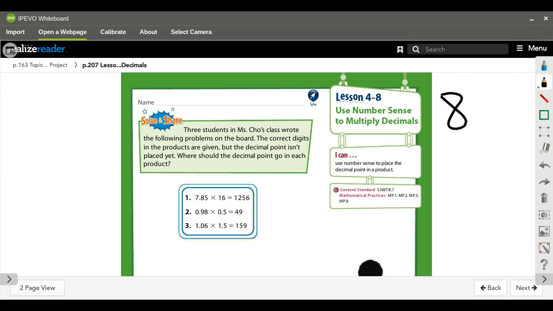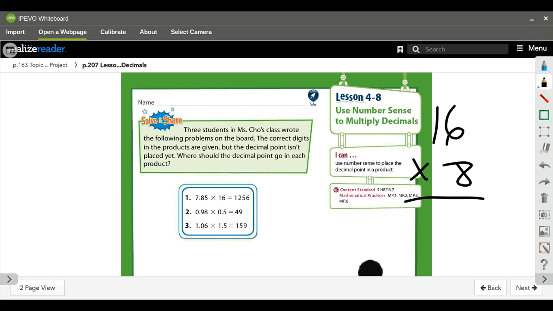And then I'm going to do times 16. So I'm going to use more compatible numbers this time around than rounding because I want to get as close of an answer as I can using what I know. So I'm going to do 16 times 8 and see what I get.